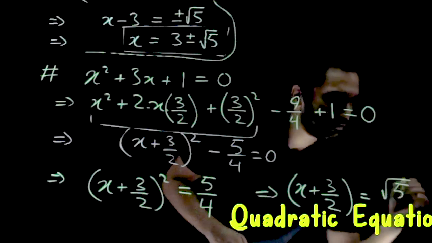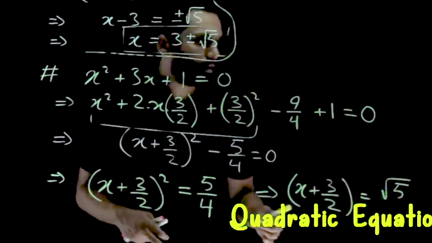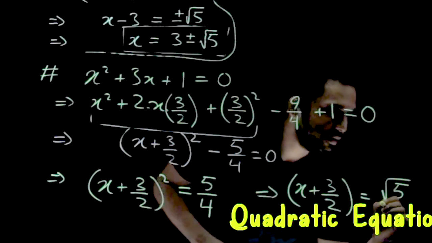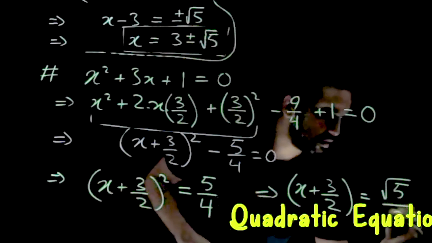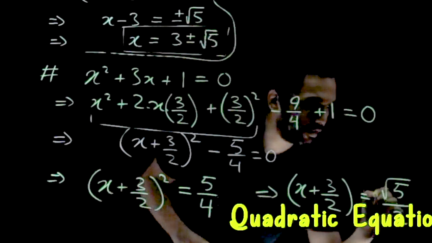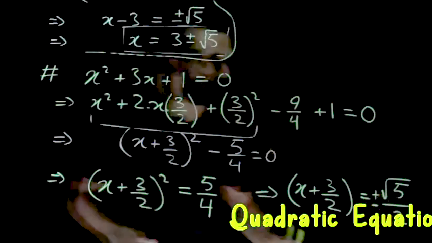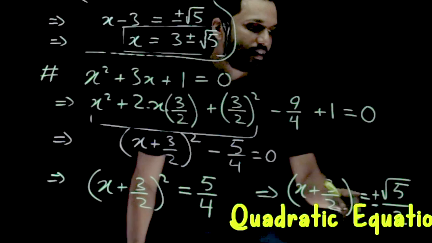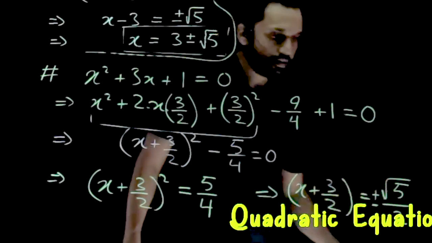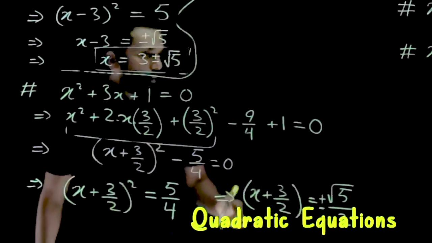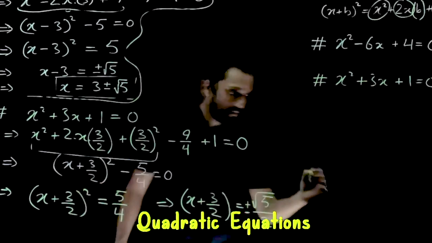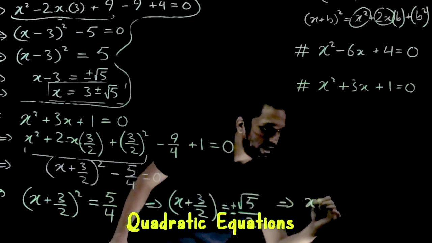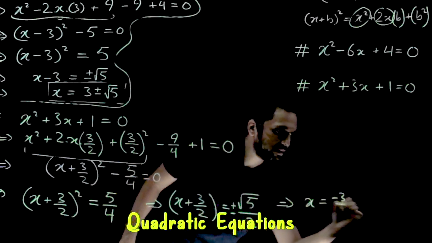5 doesn't have a rational square root, so you'll write root 5 divided by root 4, which is 2, and do not forget a plus as well as minus. So x plus 3 by 2 is equal to plus minus root 5 by 2, which tells you that the answer would be x is equal to minus 3 by 2.